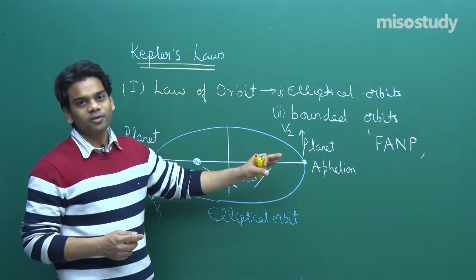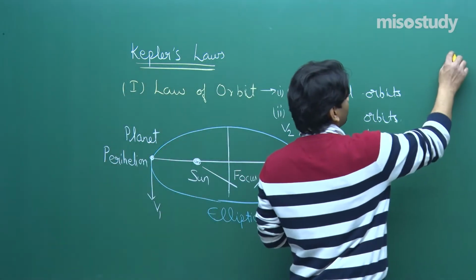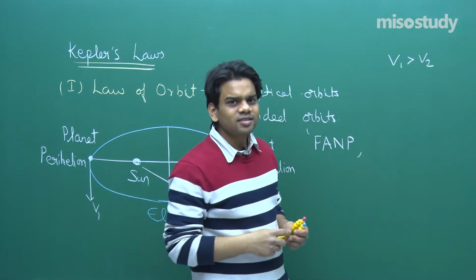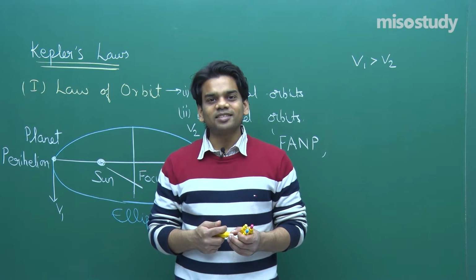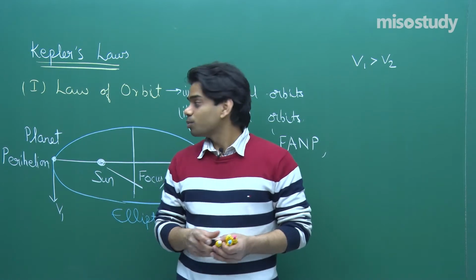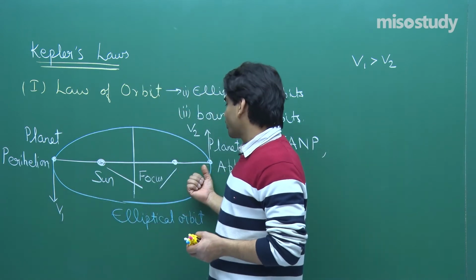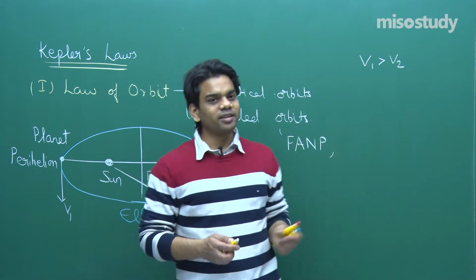When it is further away from the sun, its speed will be lower. So I am writing here v1 will be greater than v2. We have seen this relation when we conserve the angular momentum: the speed is more when it is nearer to the sun, and when it goes further away, the speed will be lesser. That is what I have written: v1 will be greater than v2.